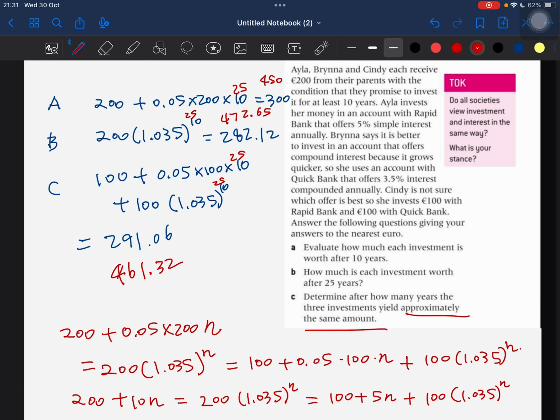So I will make the window of x from 0 to 25, let's say, and y from 200, since they started from 200, until 500. So I just try to sketch the graph.